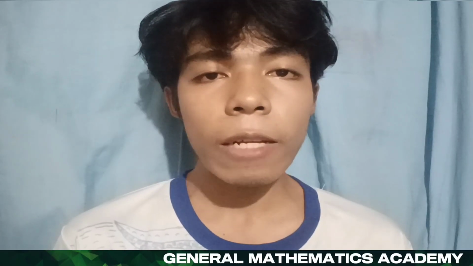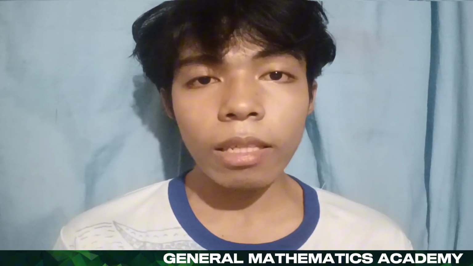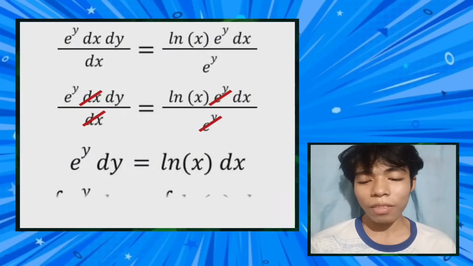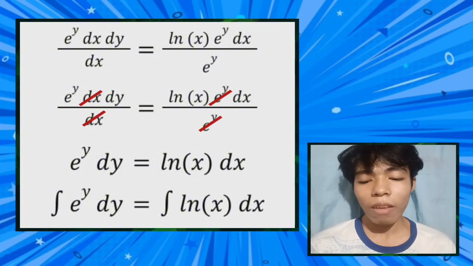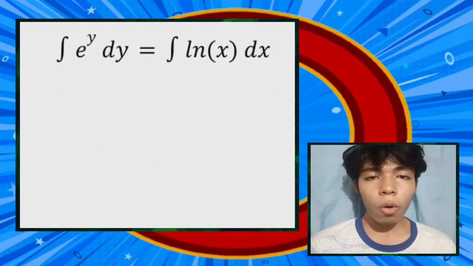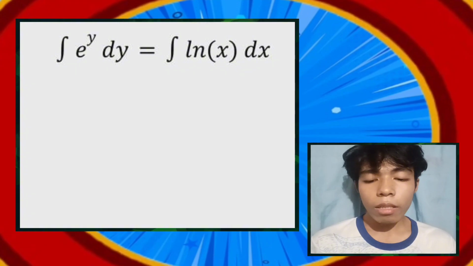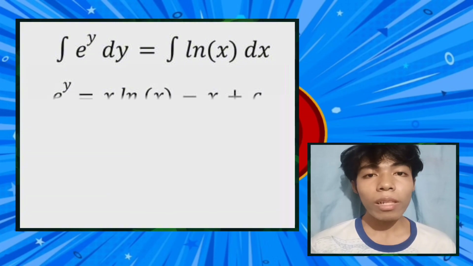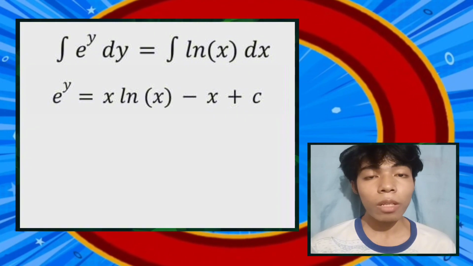As you can see, now that we have separated the x and y variables, we are now able to take the indefinite integral on both sides of the differential equation. On the left-hand side, the indefinite integral of the natural exponential function e raised to y with respect to y will give us e raised to y according to the theorem.